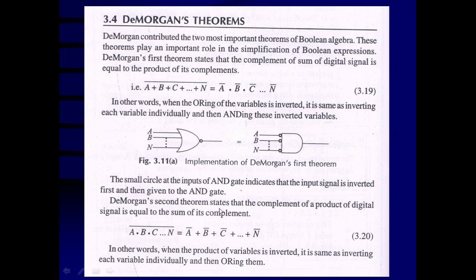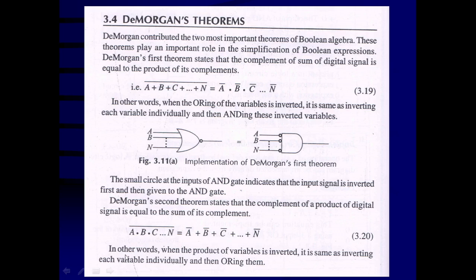De Morgan's second theorem is the opposite of this. It states that the complement of the product of the digital signals is equal to the sum of its complements. That means first the Boolean variables are ANDed, A dot B dot C dot etc., N, and then complemented. So the NAND gate with n inputs A, B, C, D, etc., is equal to first complementing each variable and then ORing them: A bar or B bar or C bar or etc., or N bar.